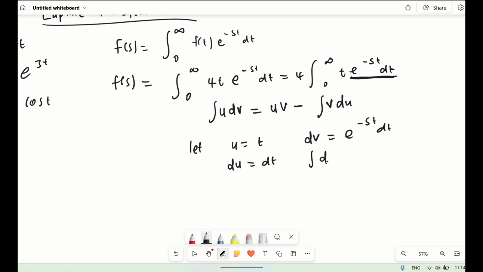So our v equals e to the negative st all over negative s.